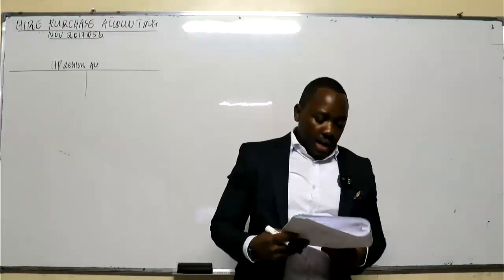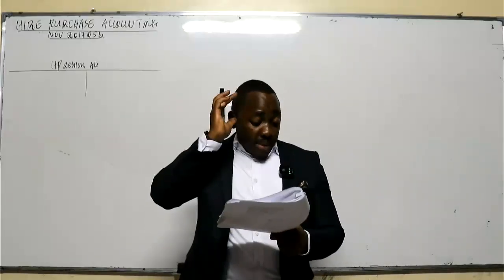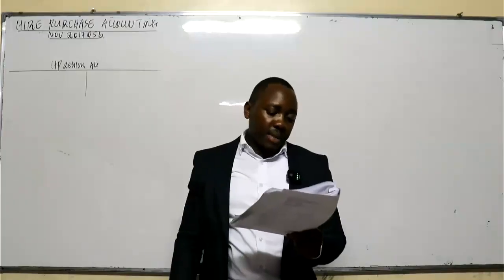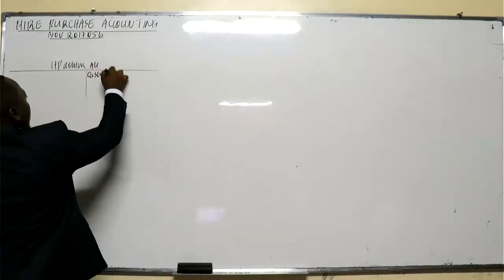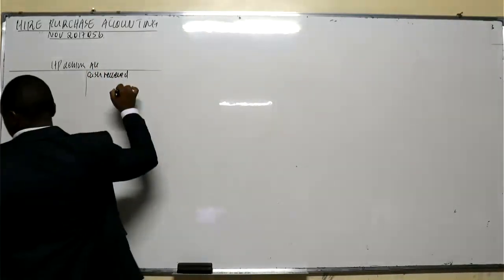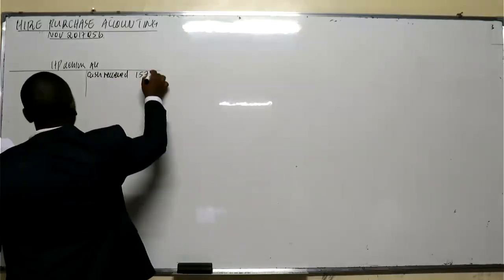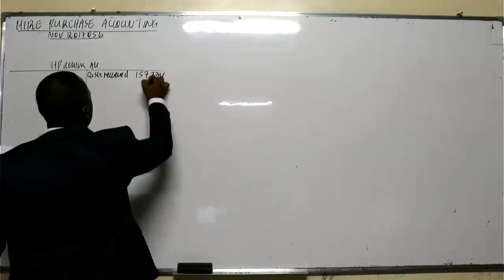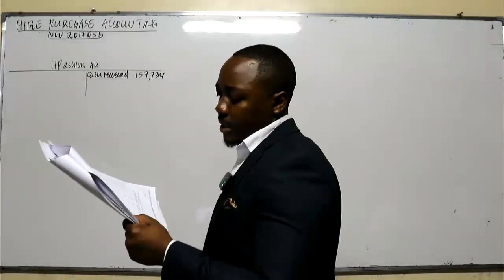So we have the share capital, general operating expenses, the cash balance, and cash recovered from the hire purchase customers. For the cash recovered from the customers, you create the debtors account. So we have cash received from our customers, an amount of 157,734. And then you have the cash sales and hire purchase trade receivables.